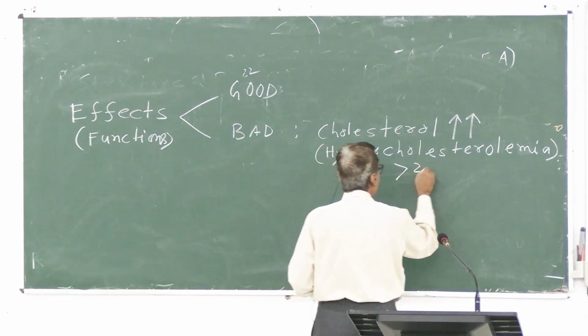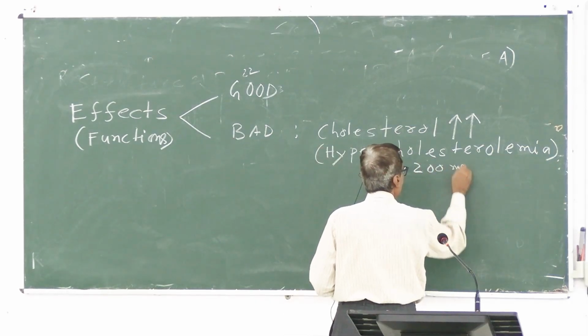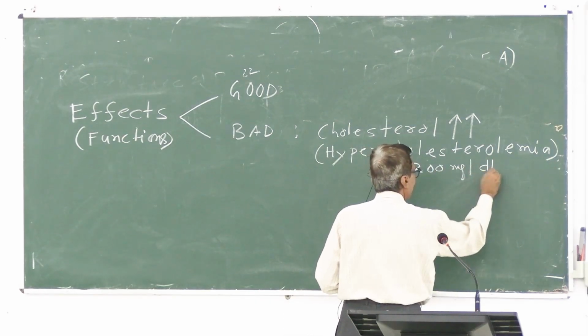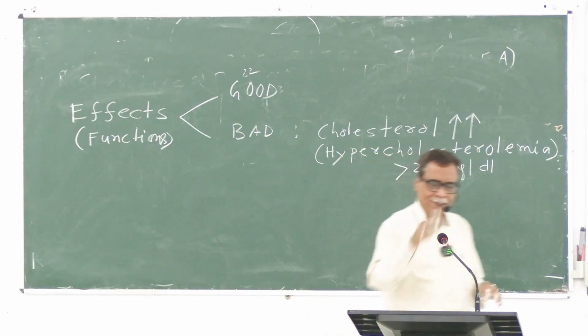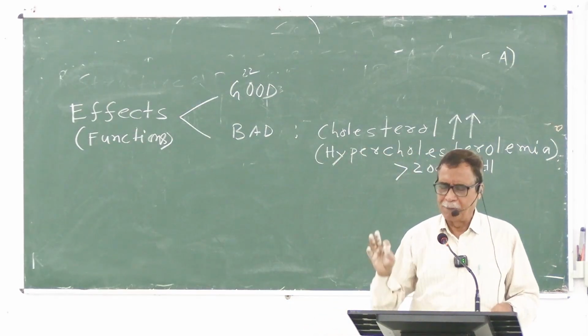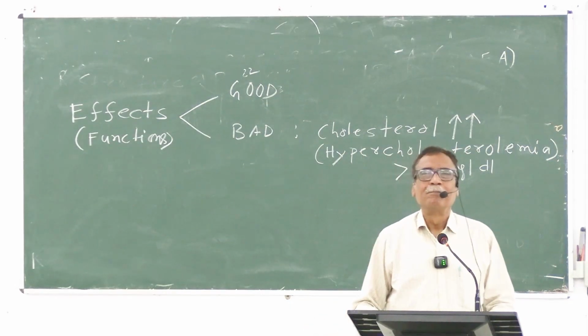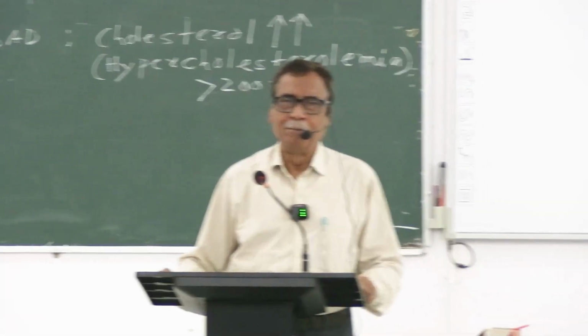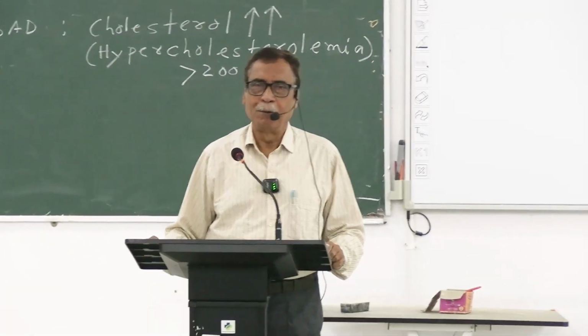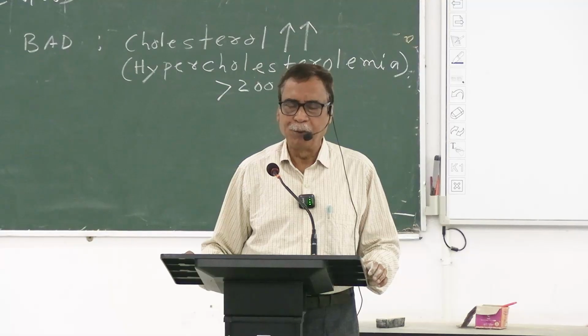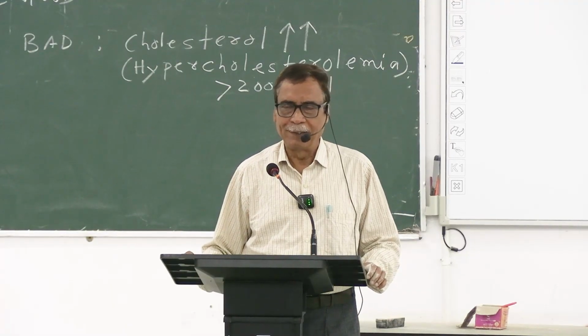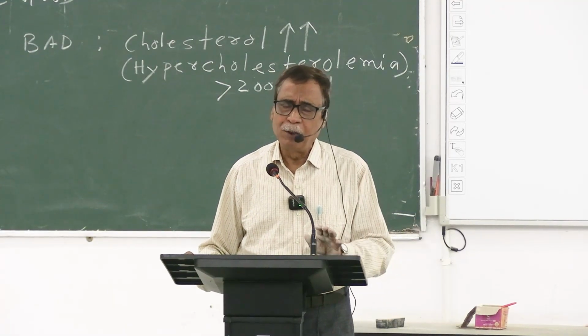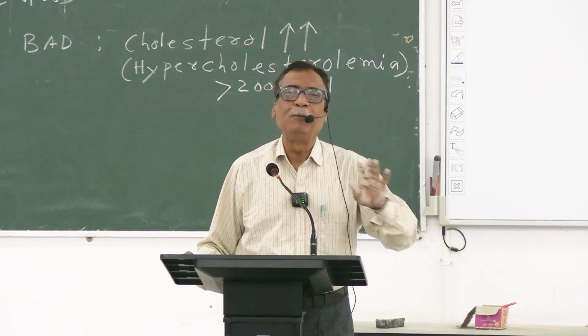What do we call hypercholesterolemia? If cholesterol is more than 200 milligram per dl. Normally cholesterol is less than 200 milligram per dl in maximum cases. Occasionally some people have more than 200 milligram of cholesterol per deciliter of blood, and that is known as hypercholesterolemia, and there are many causes of hypercholesterolemia which will be discussed later on.